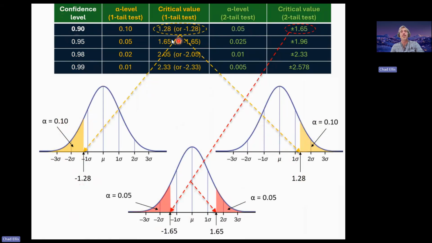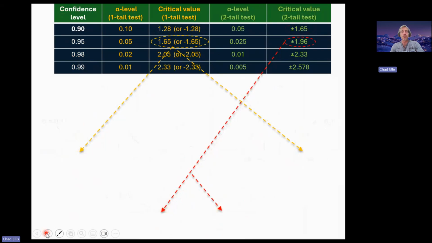So you can see that for the same confidence level, whether we do a one-tailed test or a two-tailed test, it's going to change where our critical values lie. I imagine it's a little confusing so far, but we're going to go through lots of examples here to hopefully better explain it. So if we move instead from a 90% confidence level up to a 95% confidence level, same kind of idea.